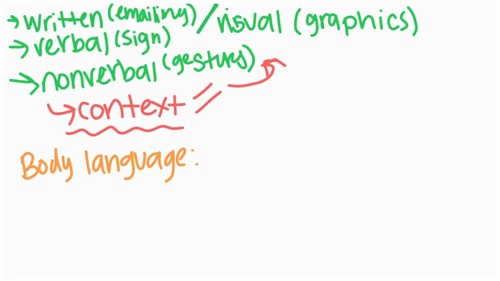And these are gestures, facial expressions, eye contact. So if you're looking at a person without staring at them, that can be considered that you're paying attention to them in most situations. And then touch, a handshake could be touch.